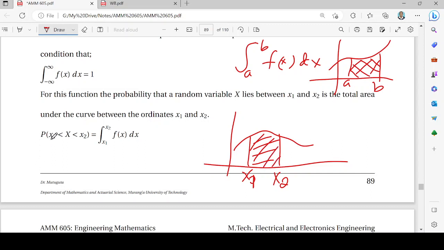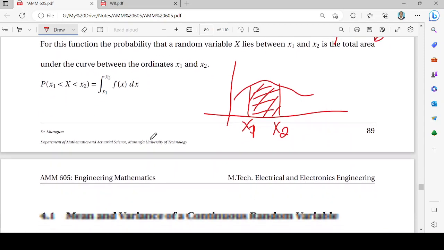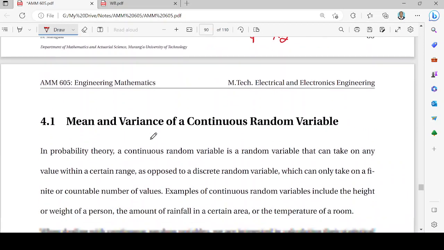So we write the probability that the random variable x lies between x1 and x2 is equal to the integral from x1 to x2 of f of x dx. So we simply integrate this function.